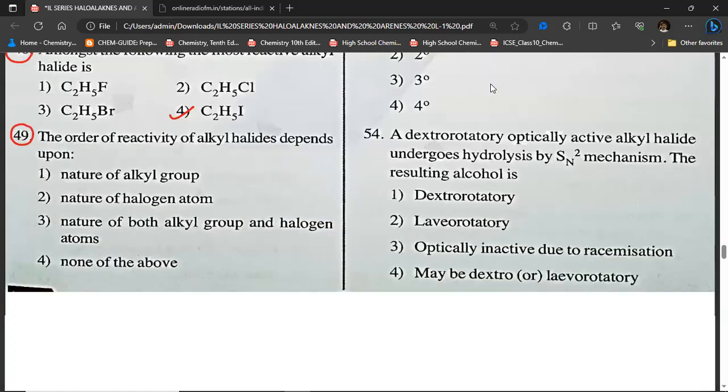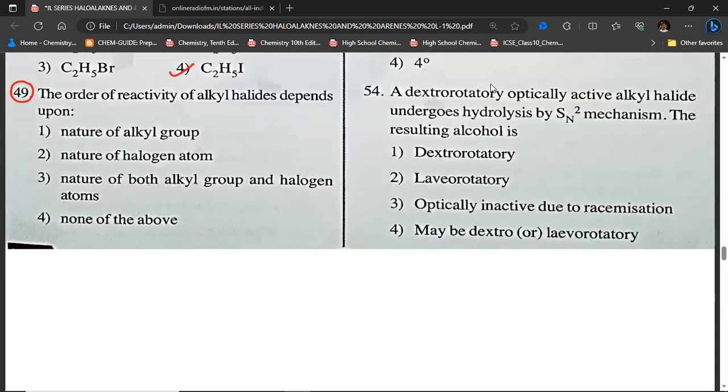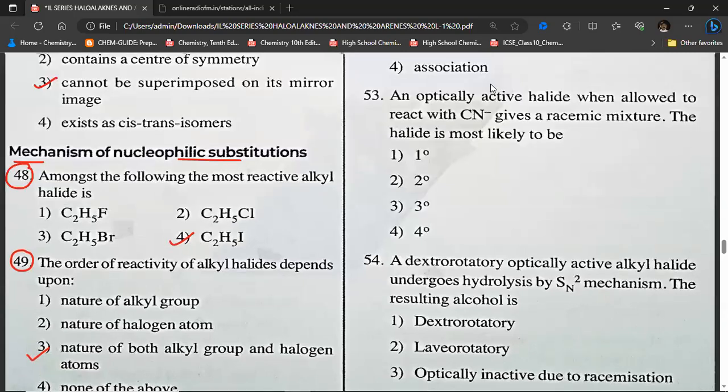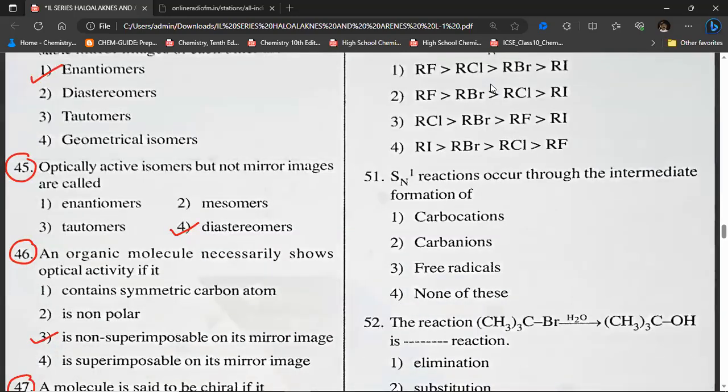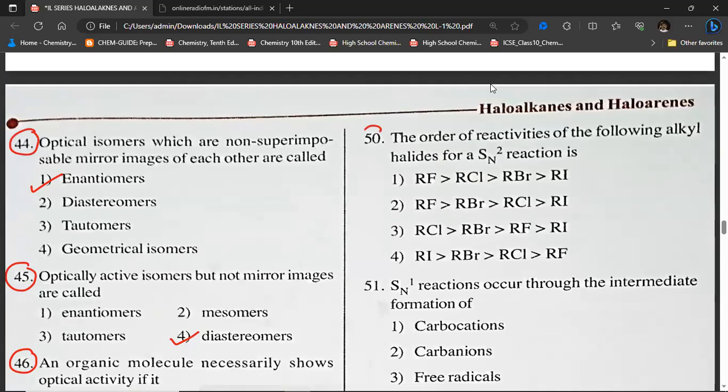Next, 49. The order of reactivity of alkyl halides depends upon the nature of the alkyl group, whether it is primary, secondary, or tertiary, and on the halogen, a good leaving group, as we discussed. So the nature of both the alkyl group and the halogen atom will be considered. Third option is the right option for the 49th question. Next, question number 50.